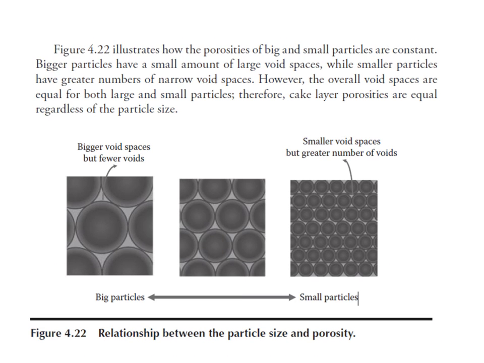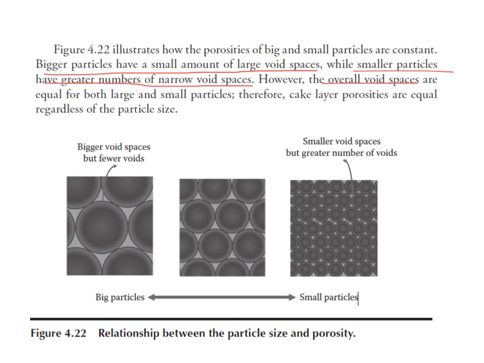This picture shows how the porosities of big and small particles are constant. So regarding particle size, the porosity is actually constant if the particles are spherical. Bigger particles have a small amount of large void space, while smaller particles have greater numbers of narrow void spaces.